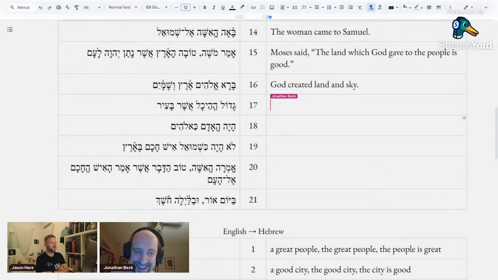Mar, is that Mr.? Mar is Mr. It's from Aramaic. I thought it would just be M-R, mimicking the English. You would think, but it's not. It's from Aramaic. Remember the expression from the New Testament, Maranatha? I don't know if it's Maranatha or Maran Ata.